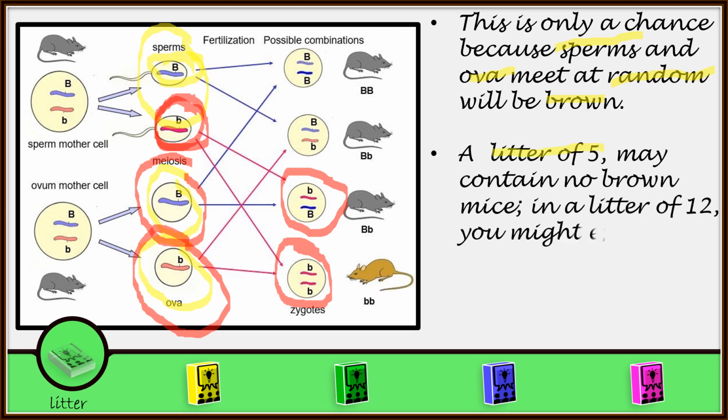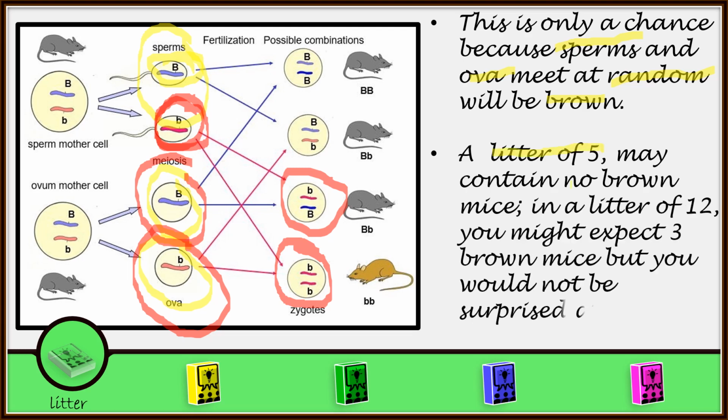The litter of 5 may contain no brown mice. In a litter of 12, you might expect 3 brown mice, but you would not be surprised at anything between 2 and 5.